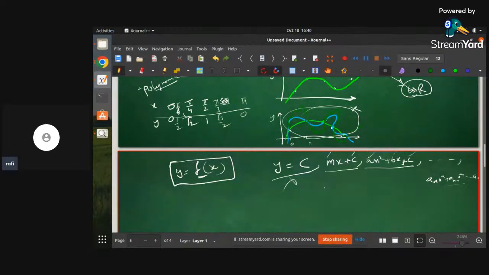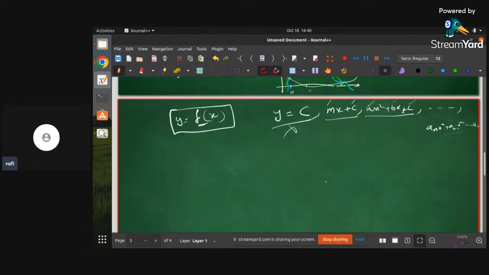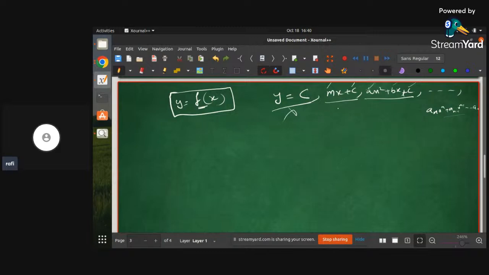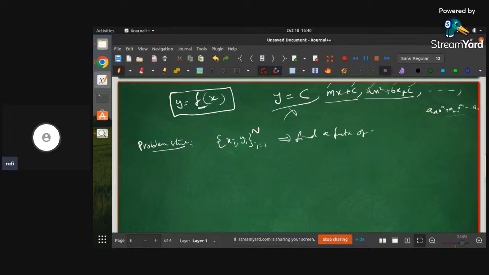So we formulate the problem like this. I am just giving the problem statement of curve fitting. Given a set of points xi comma yi, i equal to 1 to n, some n points are given to you. From this, you need to find a function of a given order.